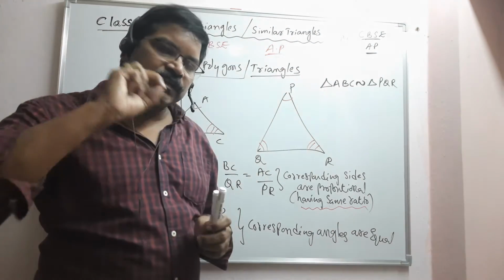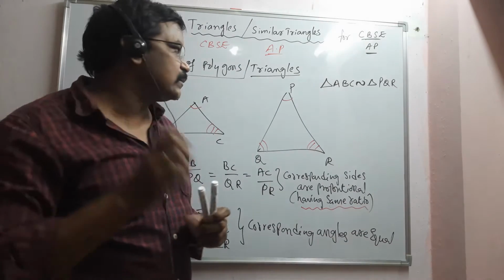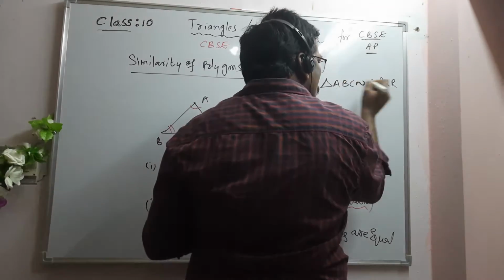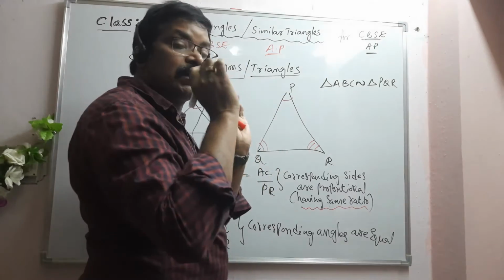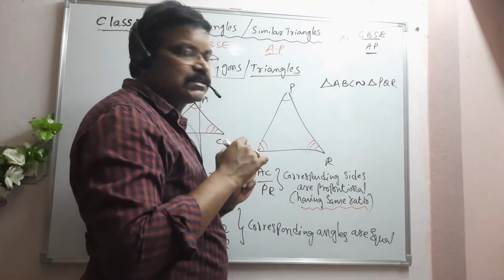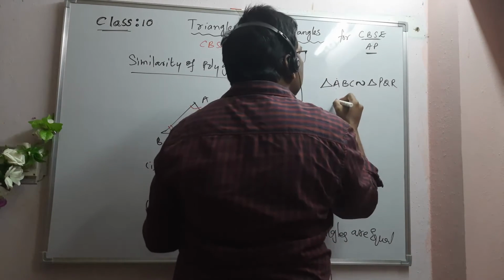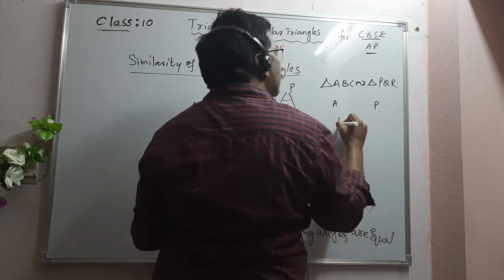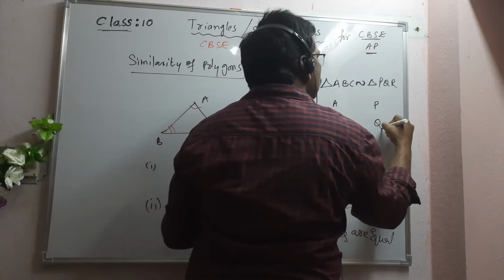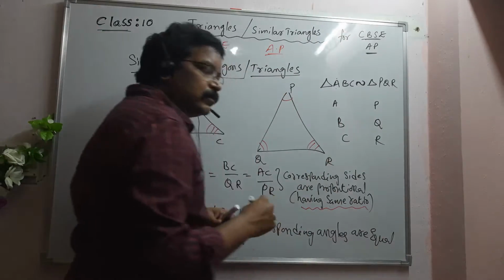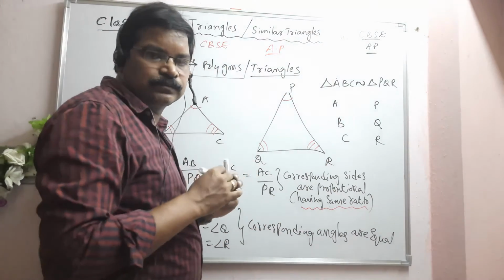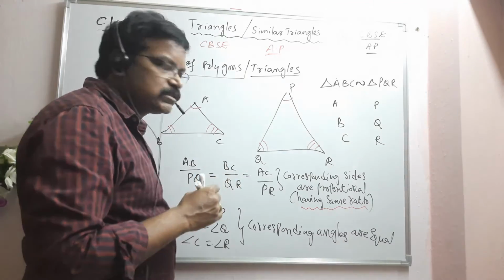Here the most important thing you have to remember is that the corresponding vertices should coincide. That means A, P, B, Q, C, R. You should maintain that order. Understand, students?